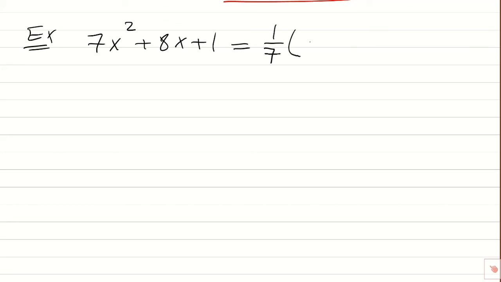Okay, 7x squared plus 8x plus 1. I would like to factor this one. The best way is to write 1 over 7 here, and then (7x plus m)(7x plus n).